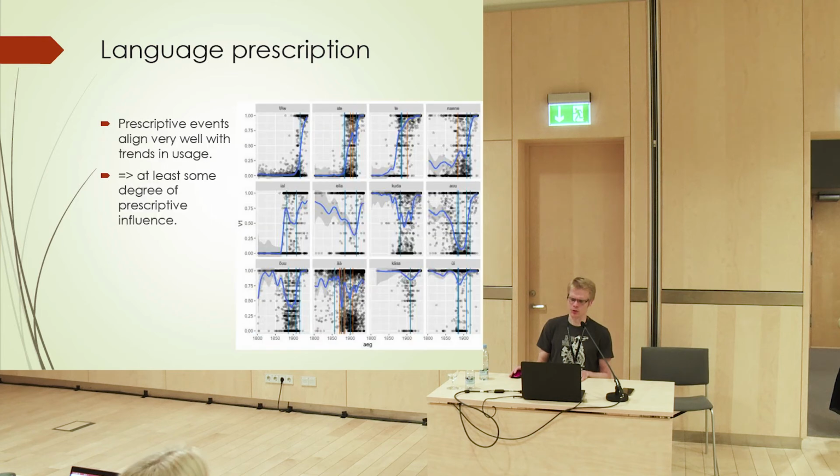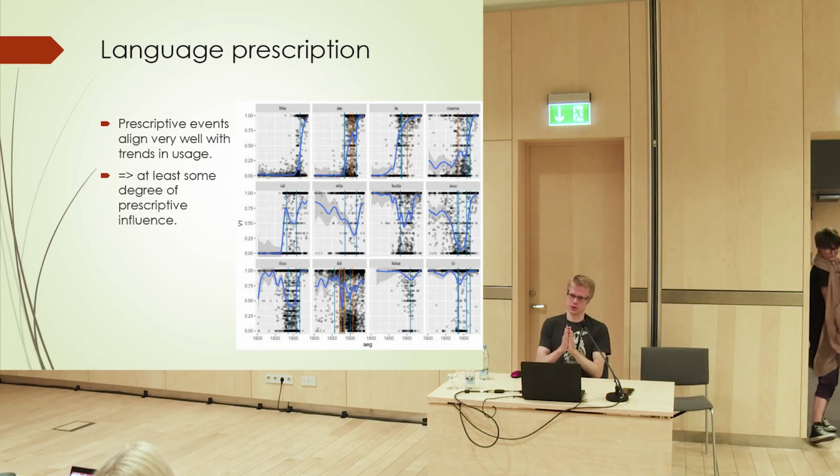And if we put those on the same graph, then you can actually see, maybe you can't at the moment, but if you look at it more closely, you can see that these events of advice are actually turning points in how they use the language.